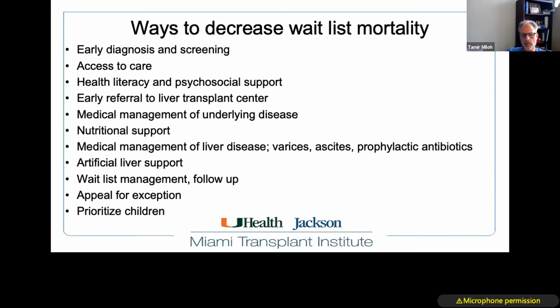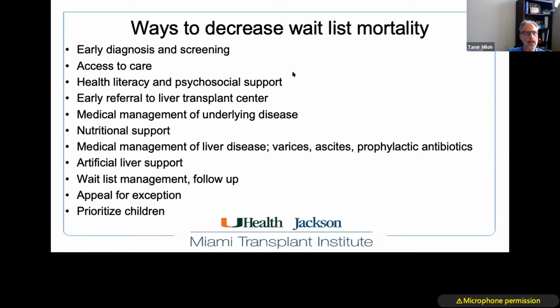Waitlist management follow-up is always assessing if a child is too sick at this point to be listed. Appeal for exceptions, very important to get the kids higher on the wait list, and prioritize children, because there are some countries in the world where the calculated score for children is being tripled, or any organ from a donor younger than 40 first goes to a pediatric patient.